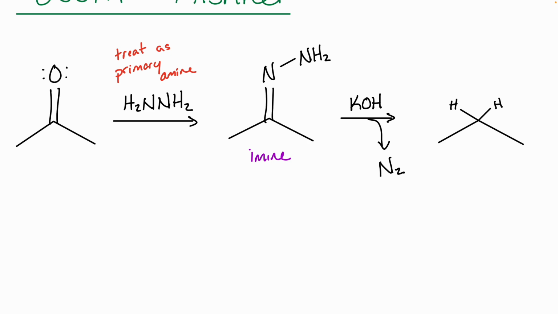So we talked about how we can reduce aldehydes or ketones to alcohols, but this is how we would fully reduce that carbonyl carbon. We replace all carbon-oxygen bonds with carbon-hydrogen bonds. In effect, this Wolff-Kishner reaction is a way to chop off that carbonyl group.